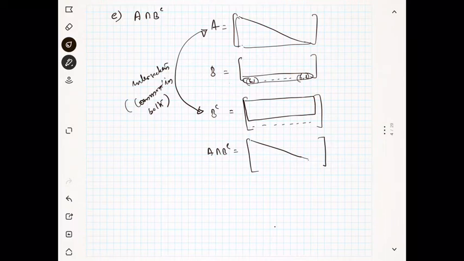So A intersection B complement is nothing but this matrix. The last row will be absent and these elements will be absent.